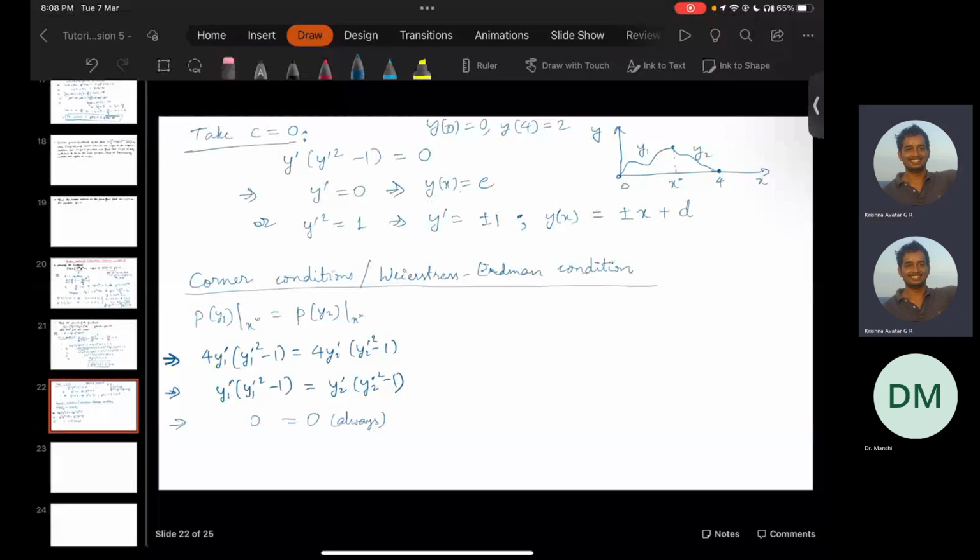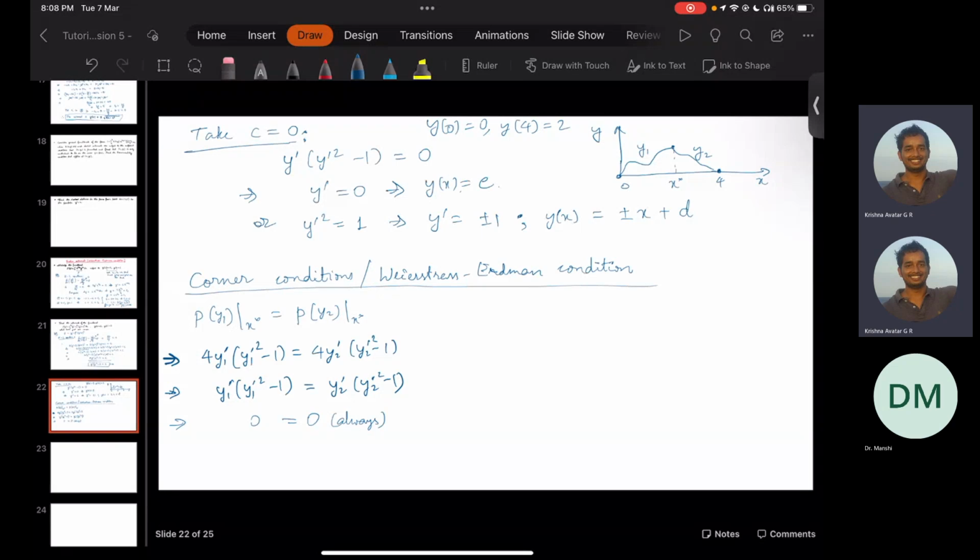It means the first condition is already satisfied. It doesn't give us any good conclusion, but at least the extremal is satisfied, the momentum equality condition.